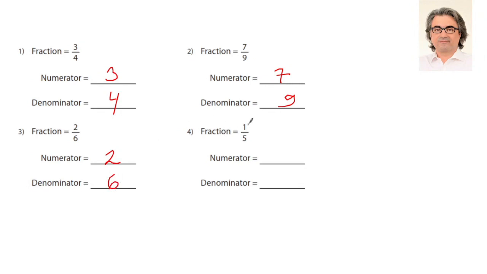If your fraction is 1 over 5, what is the numerator? 1. And the denominator? 5. I think you understood, and you may solve this type of question easily. You should memorize, and you should understand the meaning of numerator and denominator of a fraction.